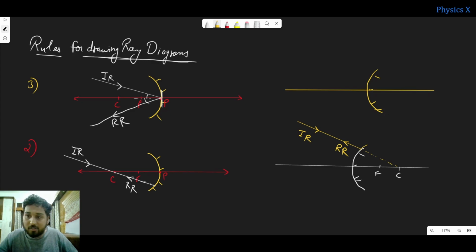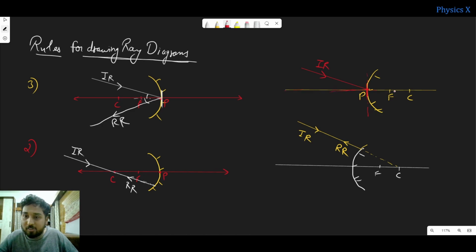Obviously I will draw this: this is your pole, this is your focus, this is your center of curvature. And now according to this, if this is the incident ray, again this will be acting as your normal. This will be your surface at this point, so this will be your normal.